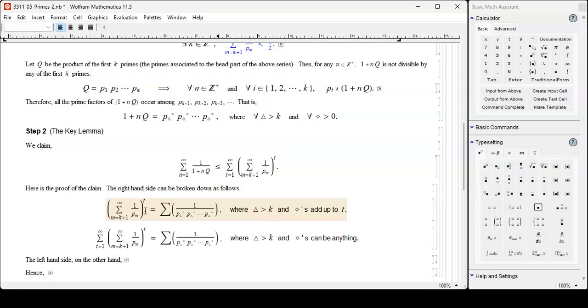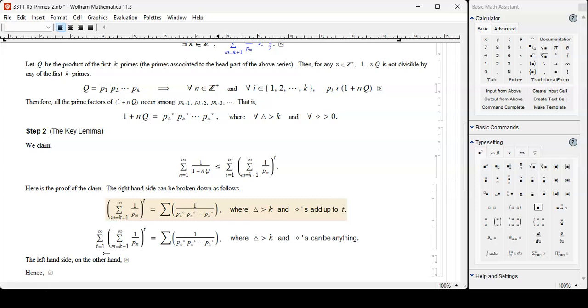So multiply all those t times. So basically we have a bunch of 1 over p, multiplied t times, and all those indices are big enough, bigger than k, and the powers must add up to t. That's because this is the t power.